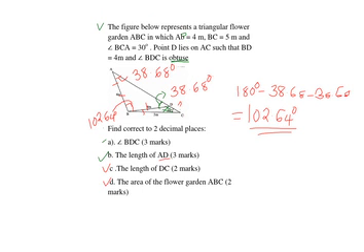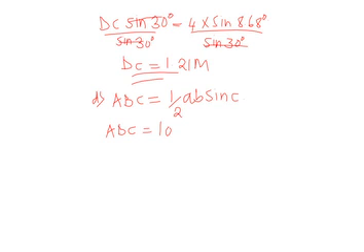So we have to get the angle ABC, which is equal to angle ABD plus angle CBD. So we have 102.64 plus 8.68, and this is equal to 111.32 degrees.